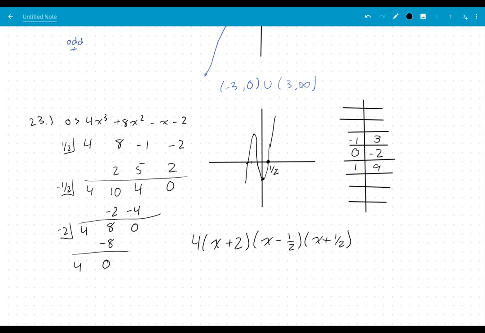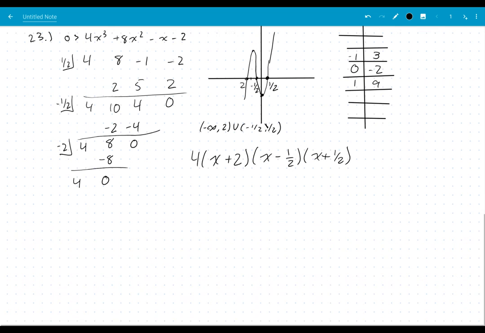So we know that if this is -2, this is -1/2, then our function is less than 0 from -infinity to -2, taken with -1/2 to 1/2. All right. So that's numbers 19 through 23.